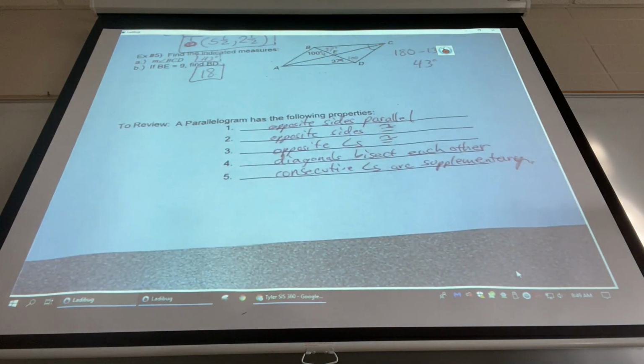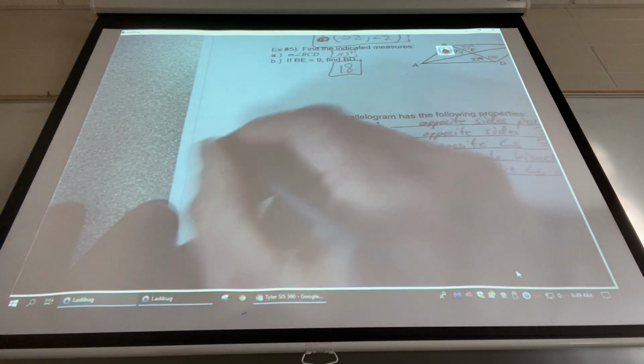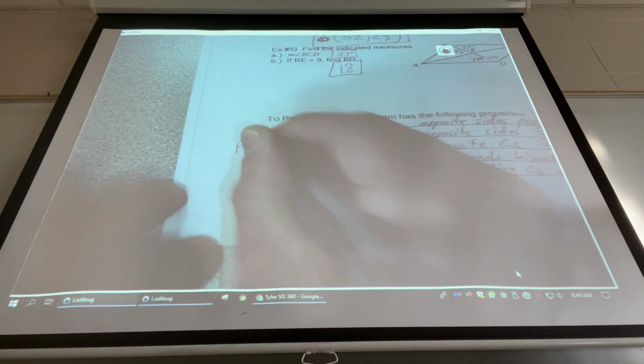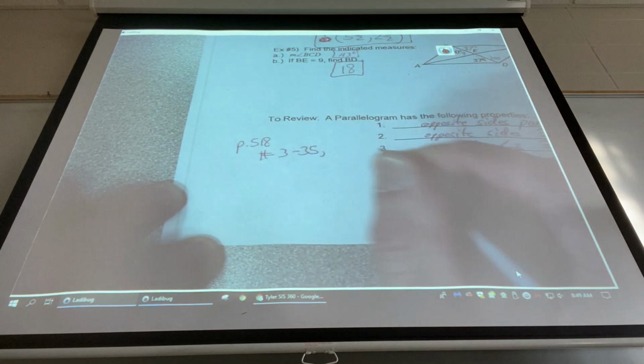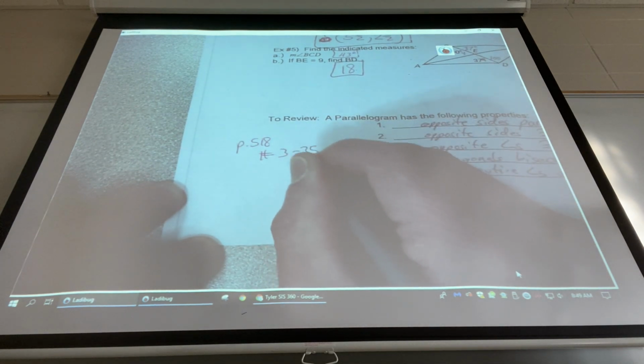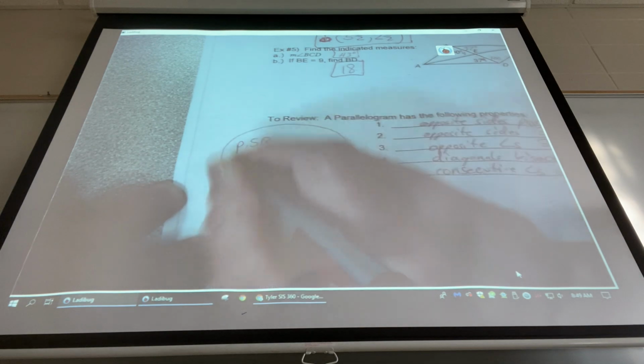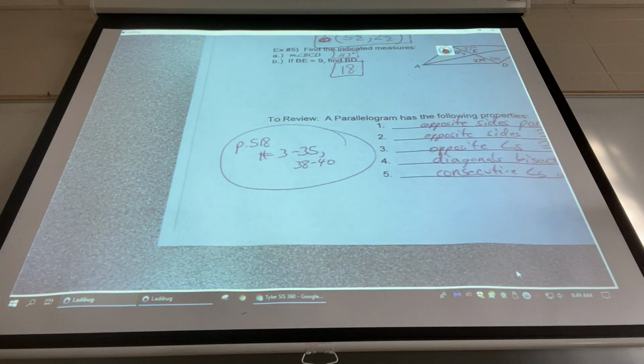Okay, so ladies and gentlemen, the practice for this is page 518, numbers 3 through 35, and then you jump over to 38 through 40. If you feel like that's too much, you can do the odds. I think these will be pretty quick though, so do what you want. But the important thing is you want to practice.